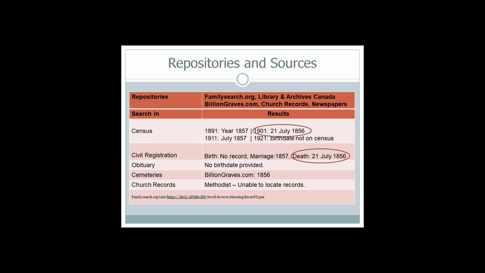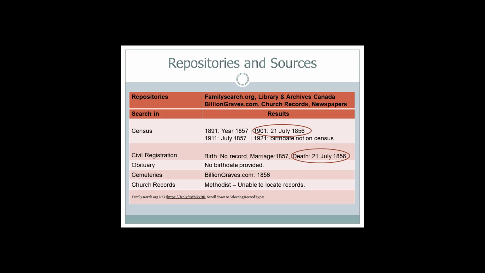Now here's an example of repositories and sources from my own genealogy. I'm searching for the birth date of my great-grand-aunt Elizabeth Carbert née Campbell. As you can see from the slide, the repositories I'm using are FamilySearch.org, Library and Archives Canada, BillionGraves.com, church records, and newspapers.